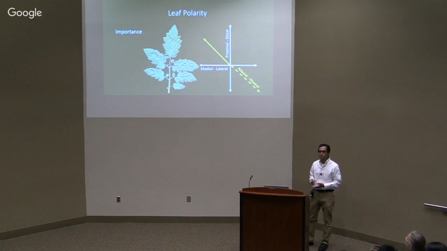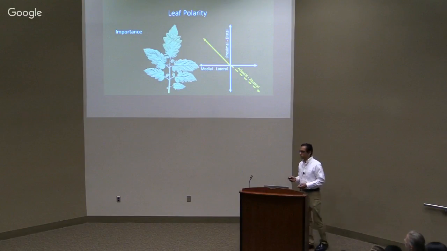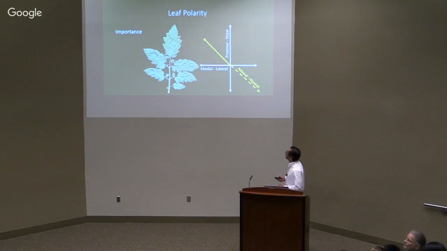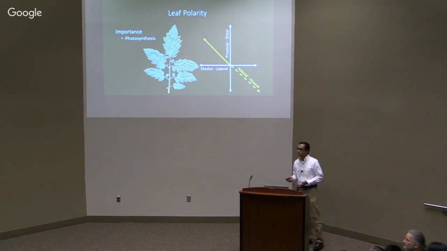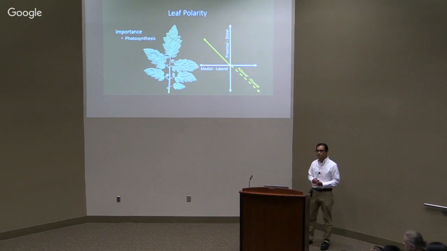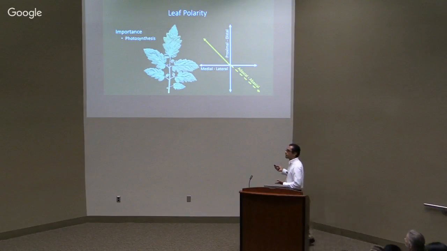So why is this important? It's important for a couple of reasons. The first is that the flattening of the leaf helps to maximize photosynthesis. You have a maximum coverage area, and with the adaxial at the top and the abaxial on the bottom side of the leaf, you can orient certain organs at the top of the leaf that would capture more sunlight, maximizing photosynthesis.